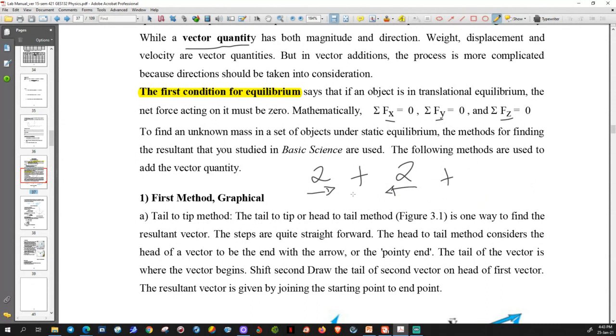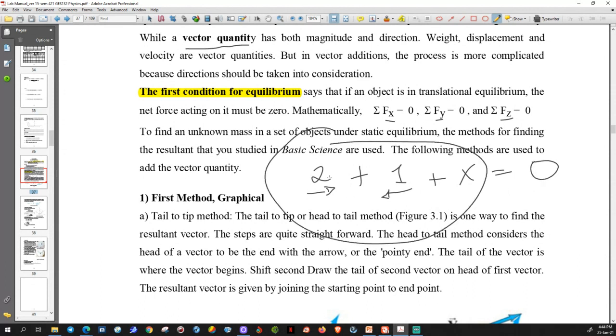Let's do it again: 2 to the right, 1 to the left, plus x equals 0. There you go. This is in equilibrium because the total force in the x-axis is equal to 0. What's the value of x? That's the idea of today's experiment. By taking all three values, knowing that the total is equal to 0, we can find the unknown value.